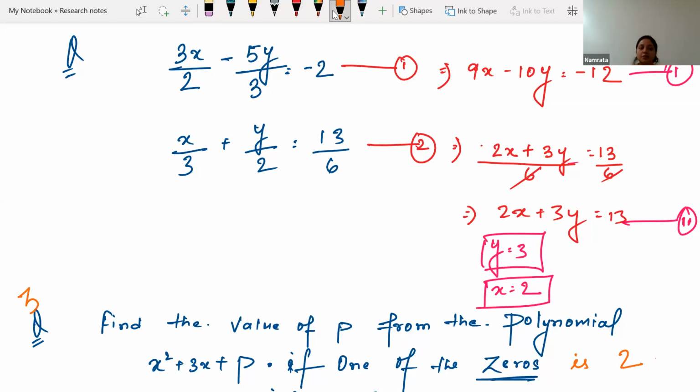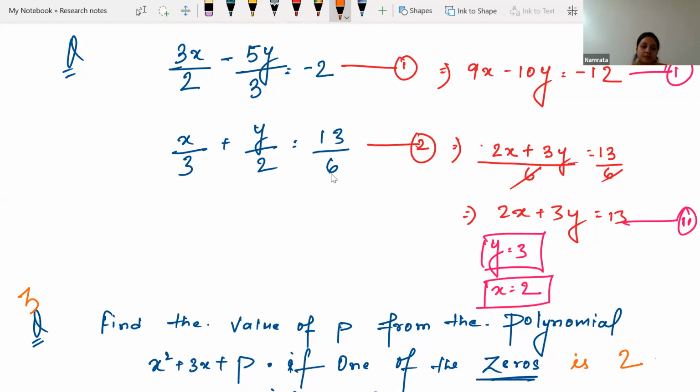Can you tell me how to do question number 3? Ma'am, we will just put the value in x, it will be -2, and we will get the answer. So whatever zero is given over there, we will substitute it over there, right? Yes.